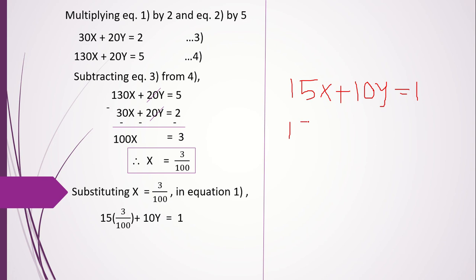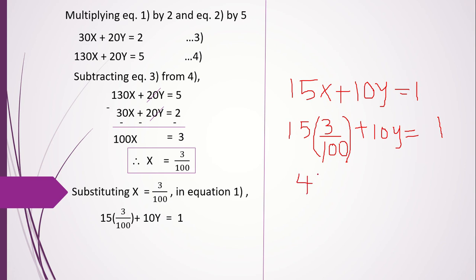So in place of x, we just substitute the value of x, that is 3 upon 100, plus 10y is equal to 1. Okay, now 15 3s are 45.